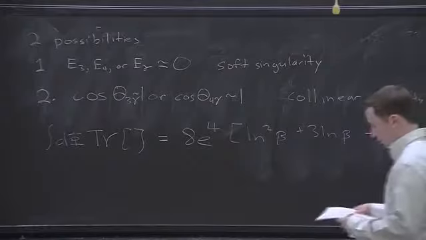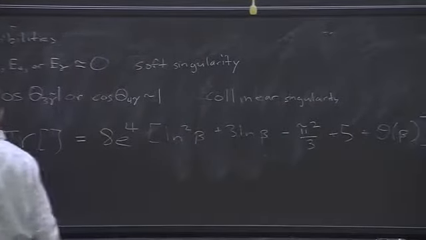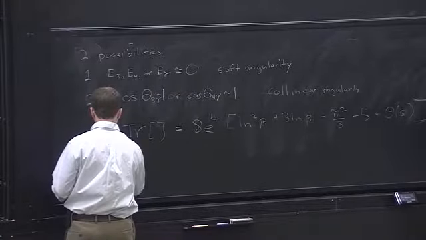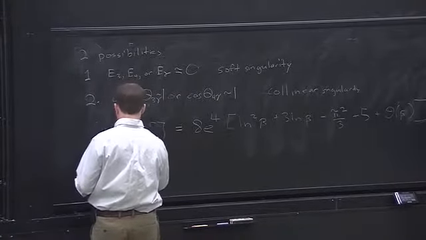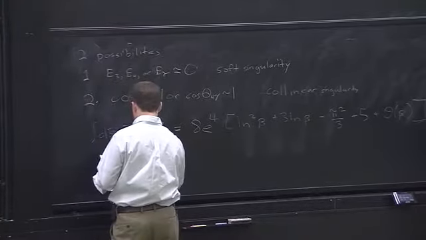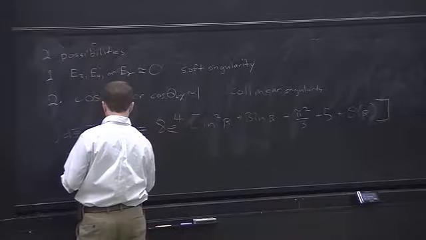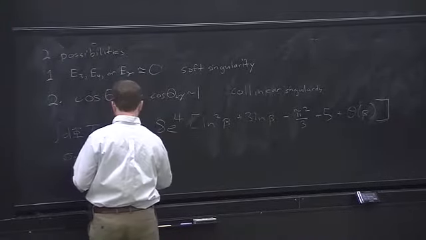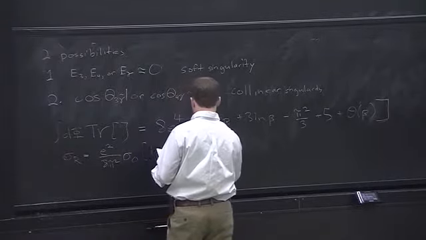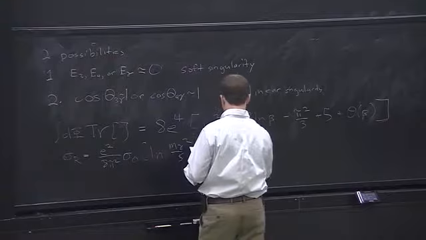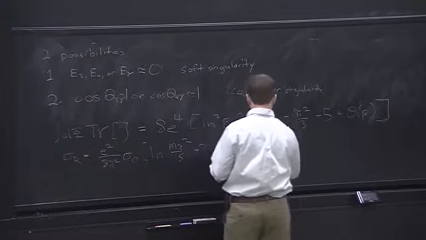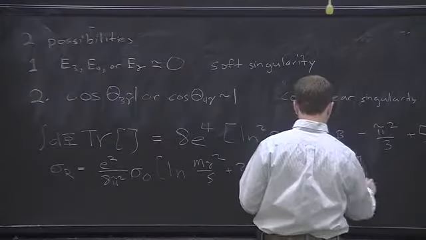And so if we put this result back into our formula for the cross-section, we get that this real emission cross-section is e squared over 8 pi squared times our tree level cross-section, times log squared of m gamma squared over s plus 3 log m gamma squared over s minus pi squared over 3 plus 5.